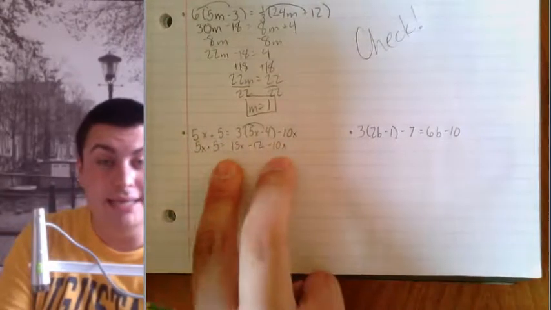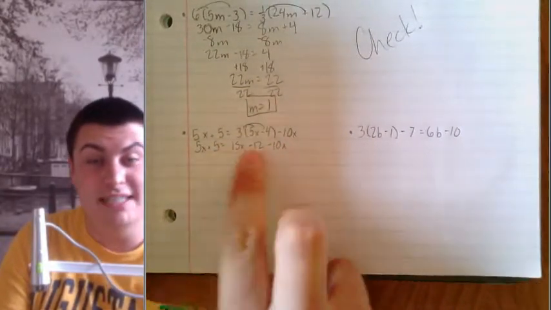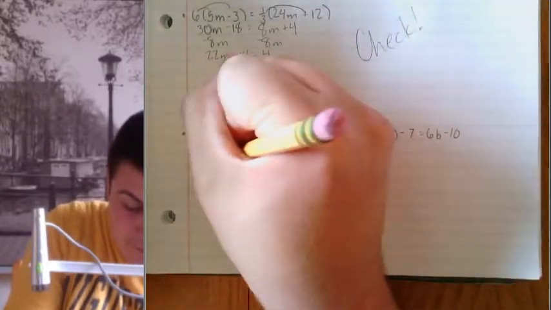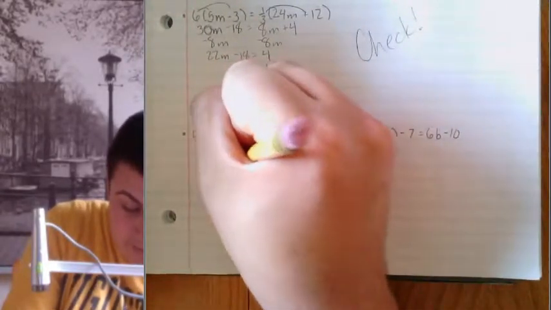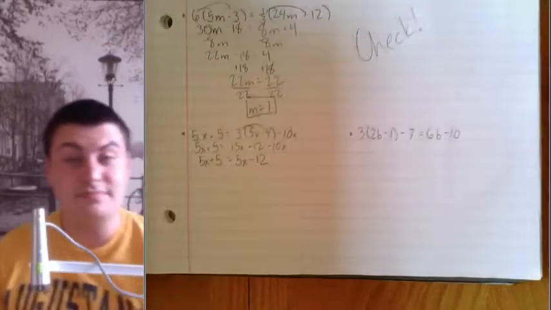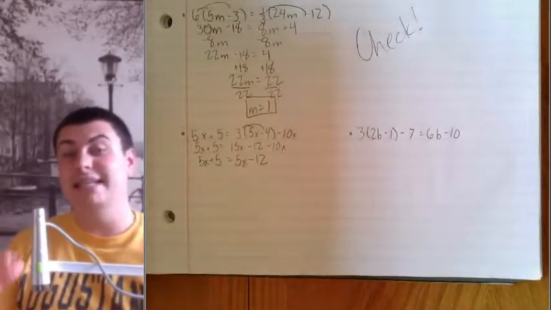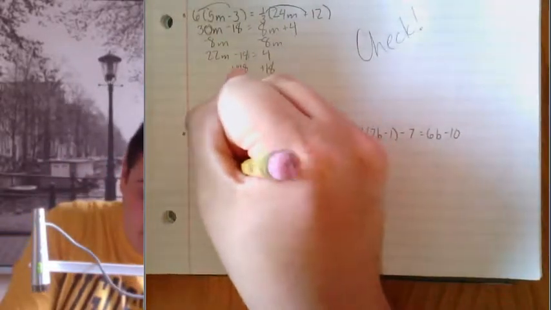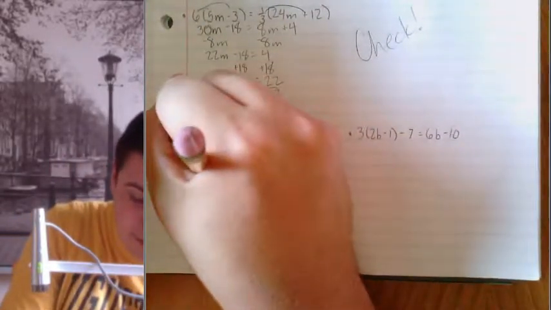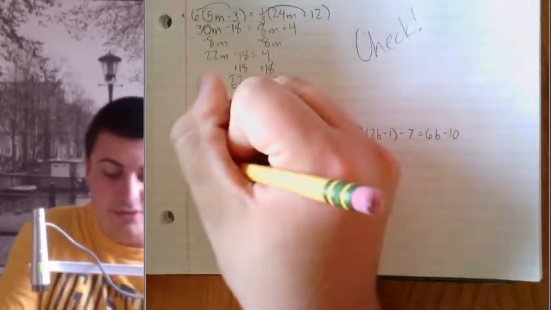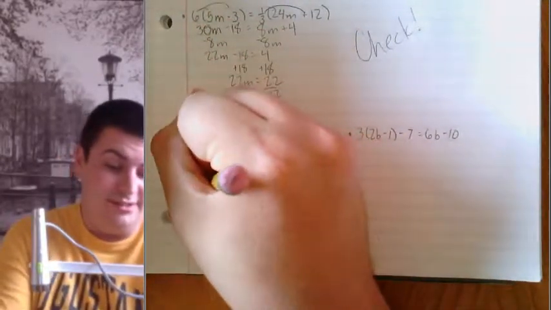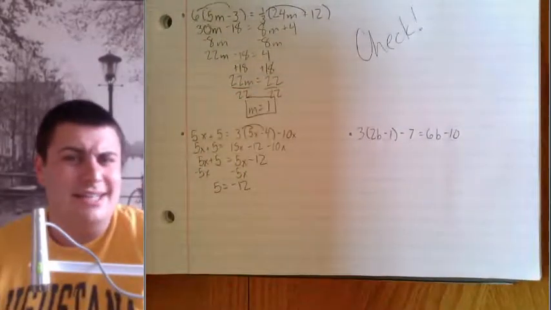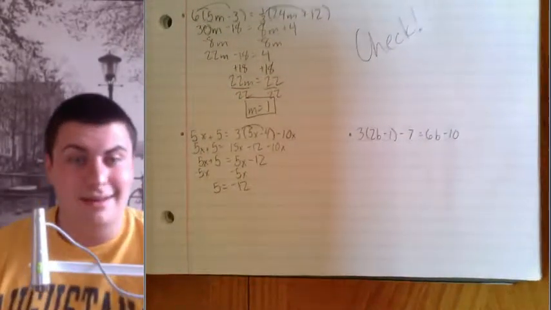We need to combine like terms on the side. We can do 15x minus 10x, so 5x plus 5 equals 5x minus 12. Now keep in mind, I need to get all of my variables to one side and all of my constants to the other. So I'm going to subtract 5x. When I do that, 5x minus 5x is 0, so 5 equals negative 12, right? 5 equals negative 12 in your world and my world, wrong.